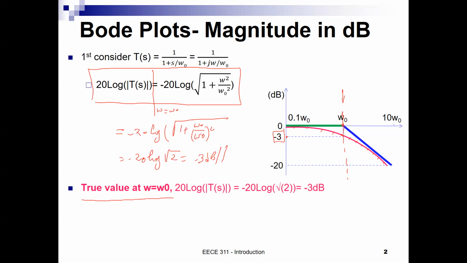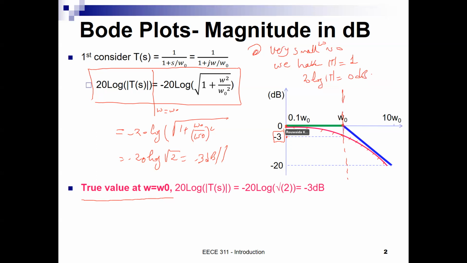Of course, at very small ω, at ω close to 0, we have the magnitude of T equal to 1, and therefore 20 log |T| is equal to 0 dB.